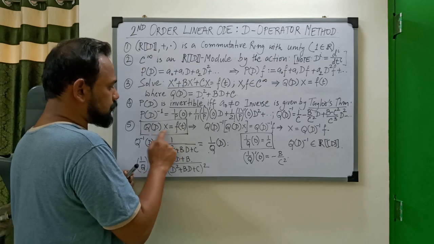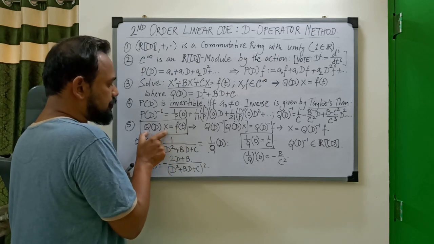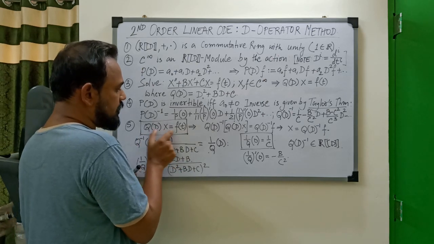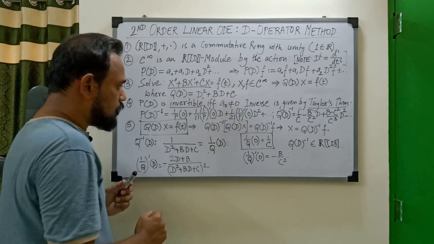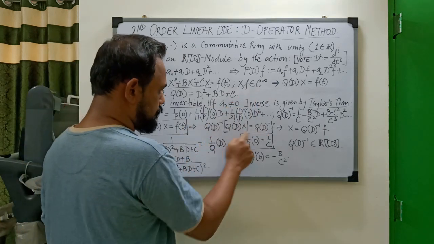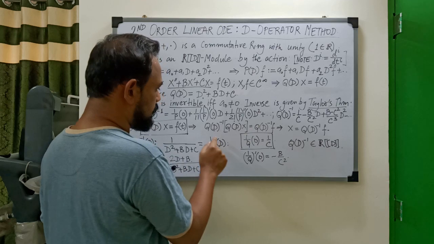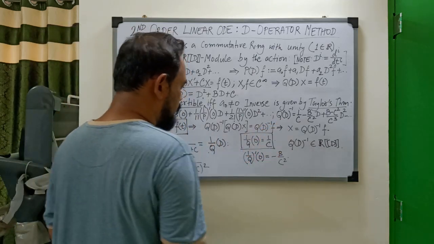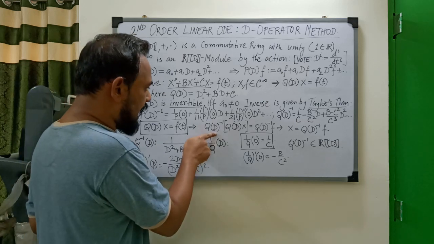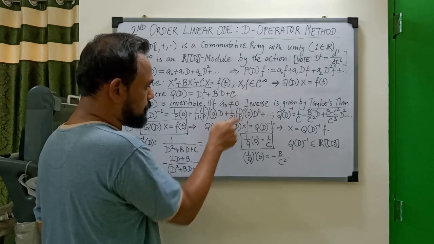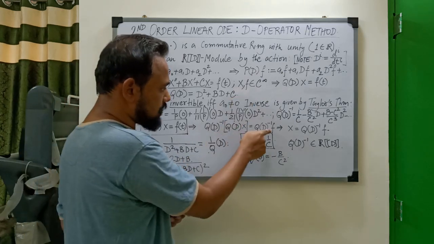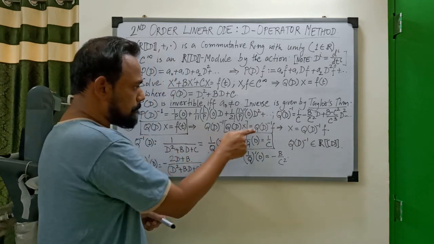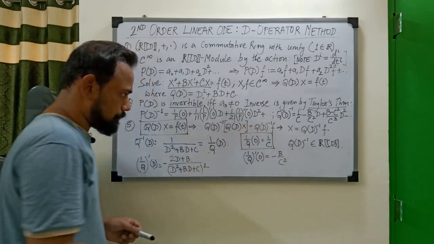So both sides, the entire thing on the left and this one, are elements of C infinity. So I can act on both of them by an element of RD, which I choose to be QD inverse. I act on this C infinity element by QD inverse, and I act on F similarly by QD inverse, on both sides.